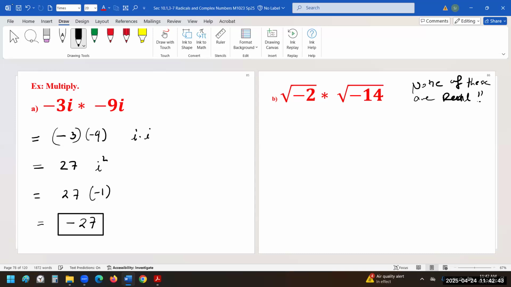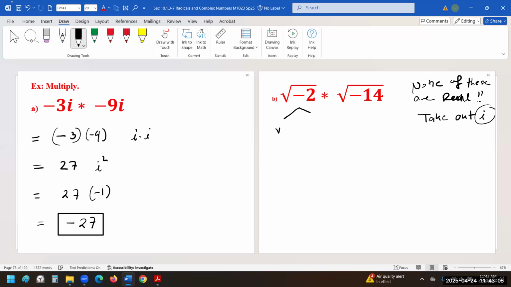Since they are not real, first you have to bring out your i and then you multiply. You cannot just multiply the inside. It doesn't make sense. We can multiply the inside only when you have real numbers. For imaginary numbers, you cannot multiply them. So take out the i.